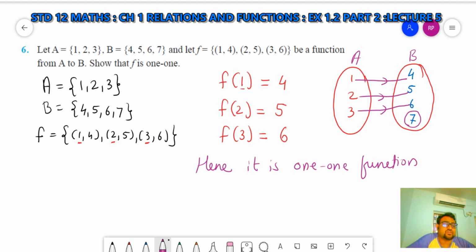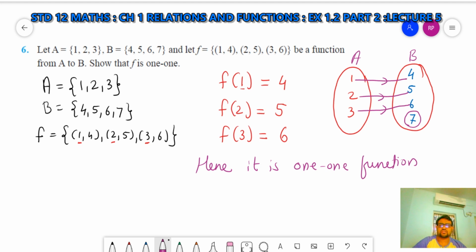What is an onto function? The onto function is such that for every element y belonging to B, there is an element x in A such that f(x) is equal to y. Means for every element of B, there must be a pre-image in the domain, right? So here there is no pre-image of 7 in the domain, hence it is not an onto function.